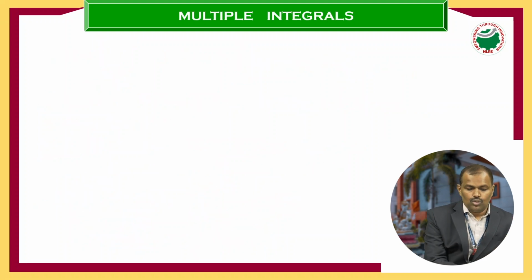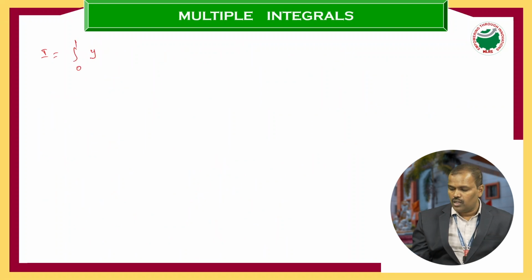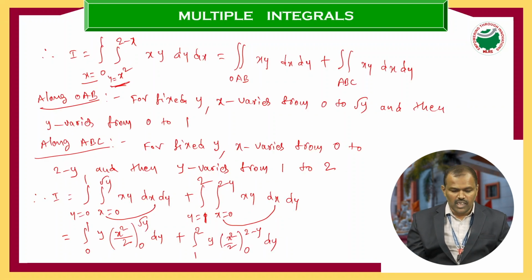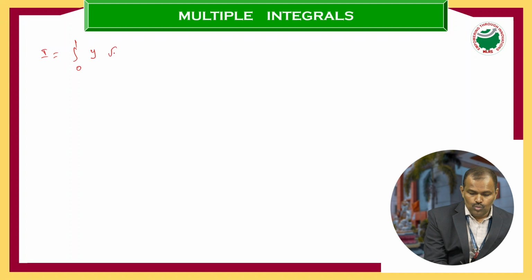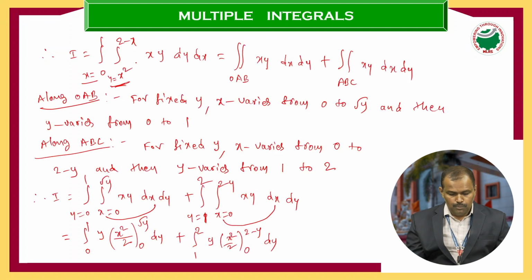So I is equal to integral 0 to 1, y into x square by 2. In place of x, what do we substitute? Root y whole square by 2, that means root y whole square is y, by 2. Simply in place of x, I substitute root y.